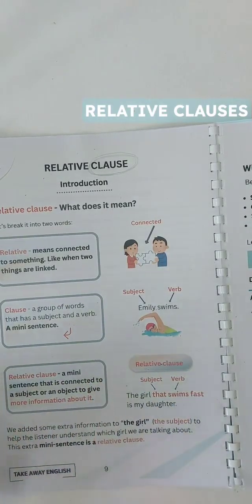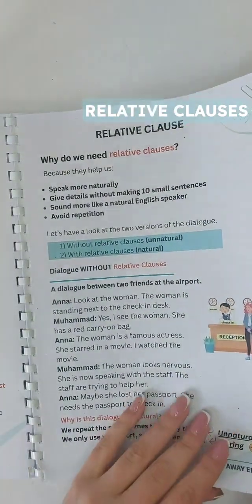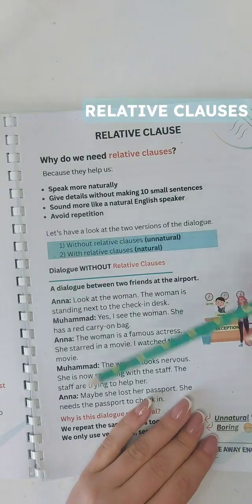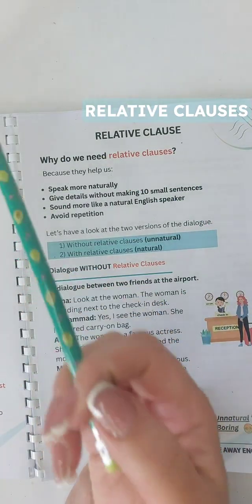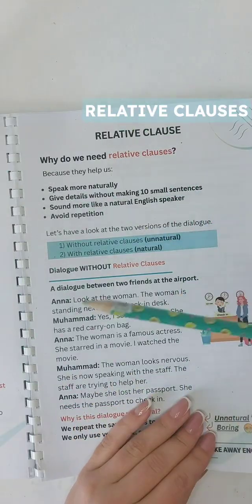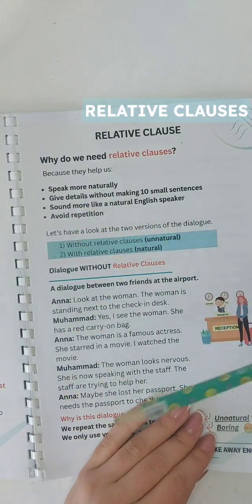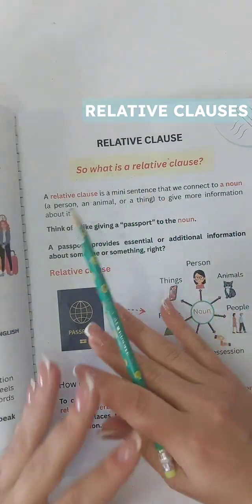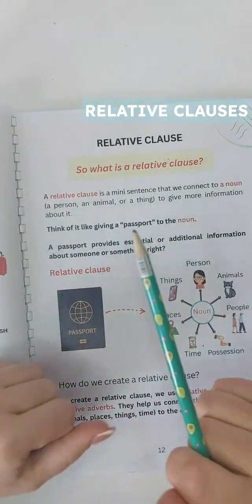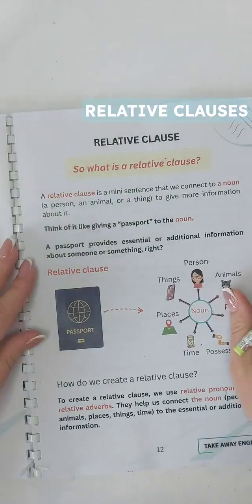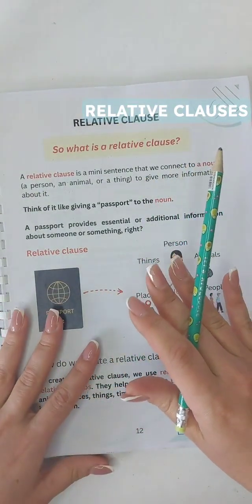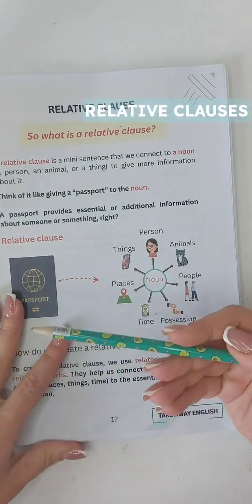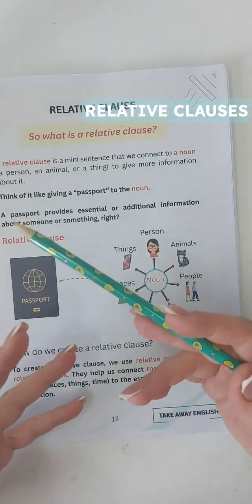In the book, you can find dialogues that show us why relative clauses are important and why we should learn them. We talked about nouns as well, right? Because relative clauses describe nouns.